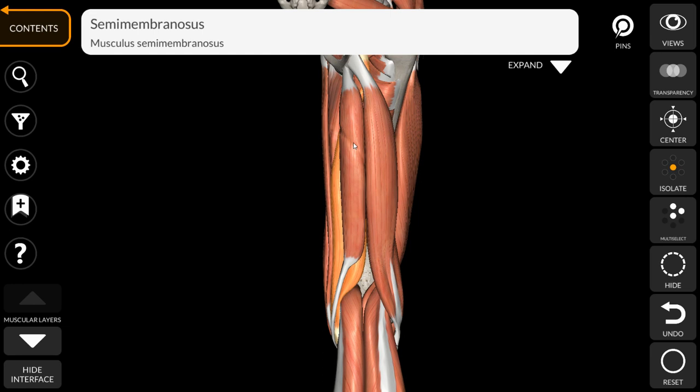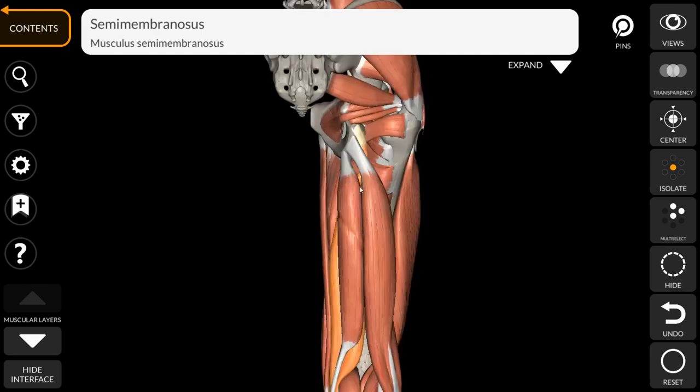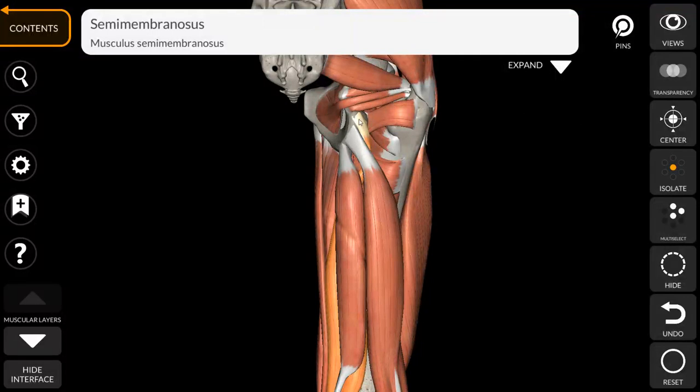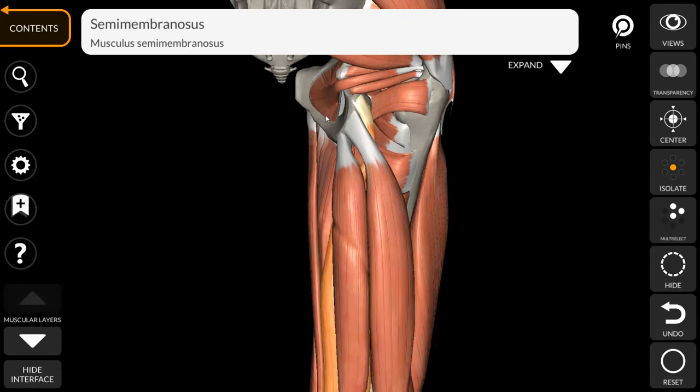But I think it's easy to remember in terms of origin. Both of these muscles originate from where, class? From the ischial tuberosity. So when we talk about the hamstring muscles, three out of four hamstring fibers originate from the ischial tuberosity: first, the long head of biceps femoris, number two, semitendinosus, number three, semimembranosus.